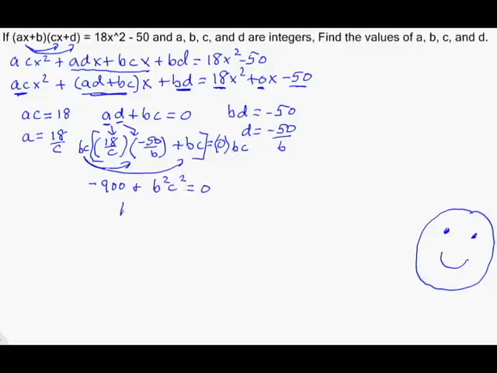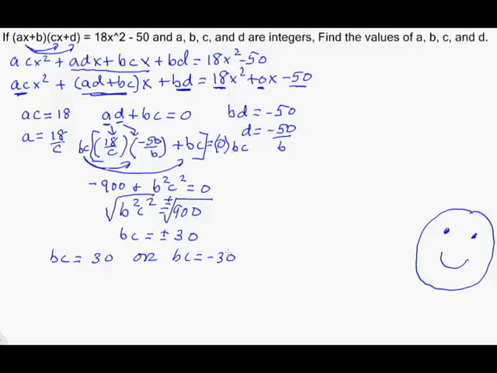And that leaves us with b squared c squared is equal to 900. So now you could square root both sides, and here's the crucial step here. You got to remember to take both roots here, the positive and negative. So BC is equal to plus or minus 30. So that would indicate that BC is equal to 30, or BC is equal to negative 30.